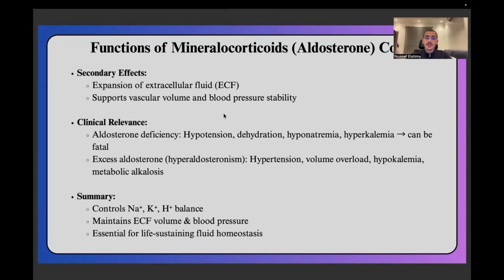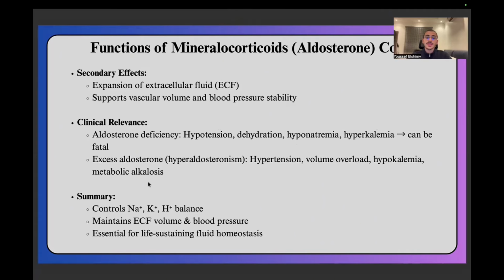Regarding the clinical relevance, in case of aldosterone deficiency, you cannot reabsorb sodium, so you will not reabsorb water either. So you would have hypotension. And since water is lost, you would have dehydration. Since the sodium is not reabsorbed, you have hyponatremia. And also you have hyperkalemia because the potassium is not excreted. And all of these can be fatal.